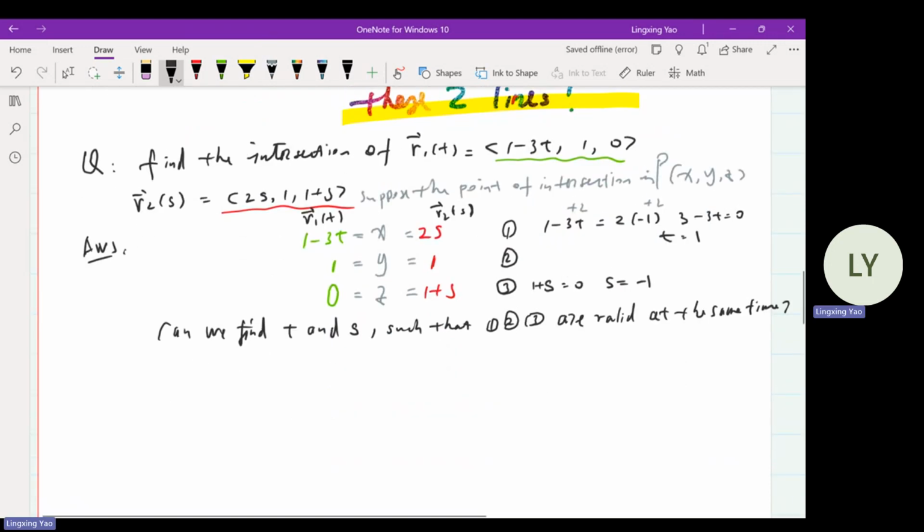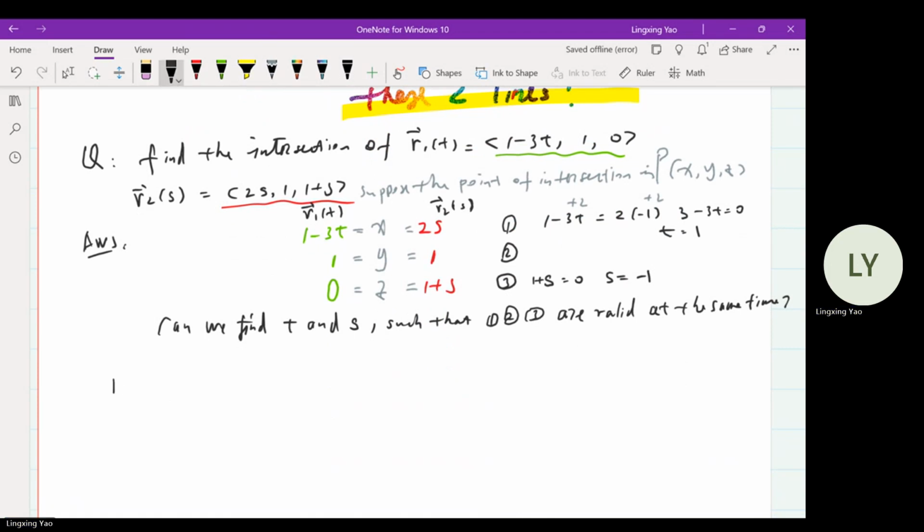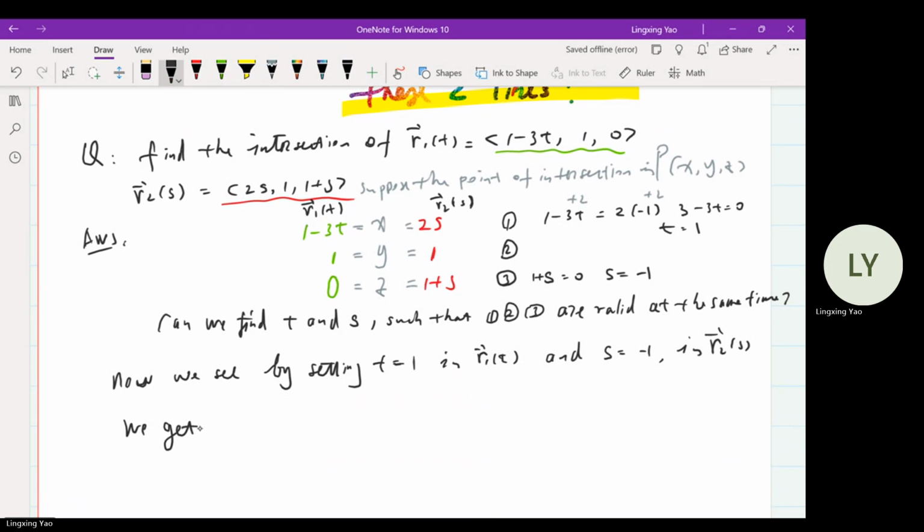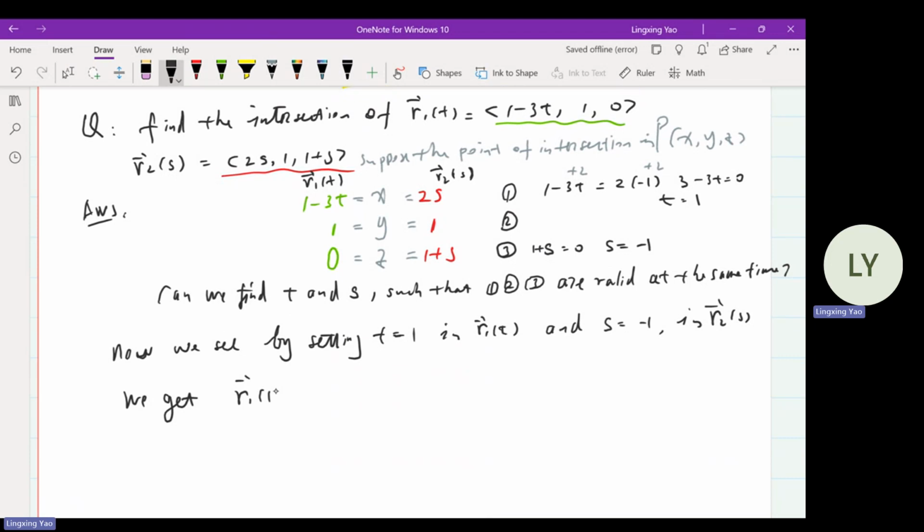Okay, so now we see by setting t equals 1 in R1 of t, and s equals -1 in R2 of s, we get R1 of 1, which is 1 minus 3 times 1, and then 1, 0, which is -2, 1, 0.